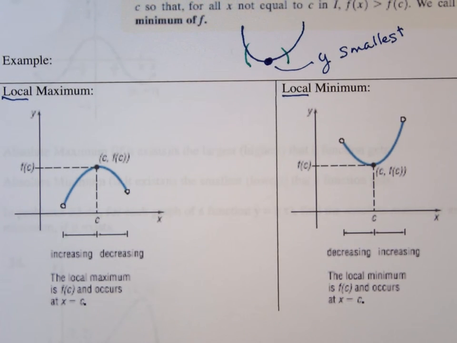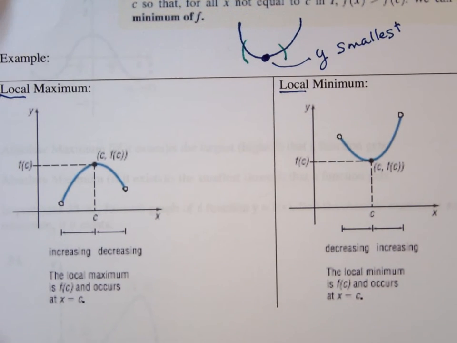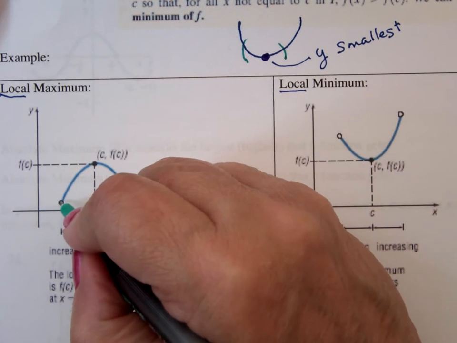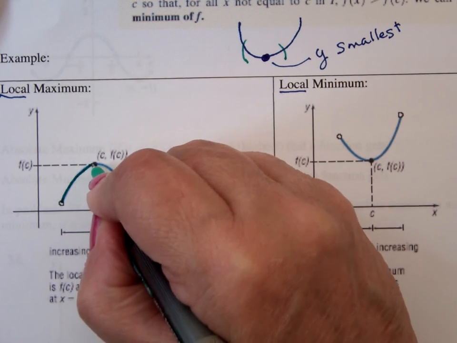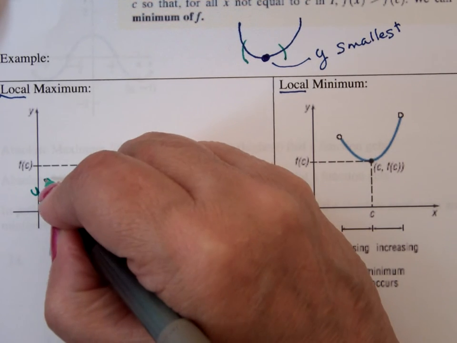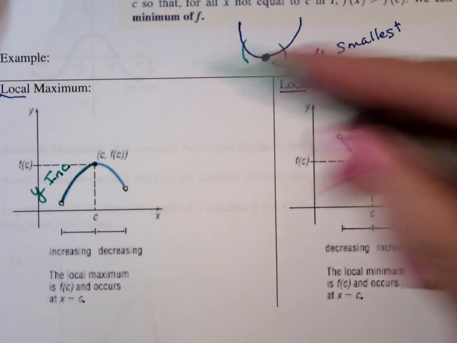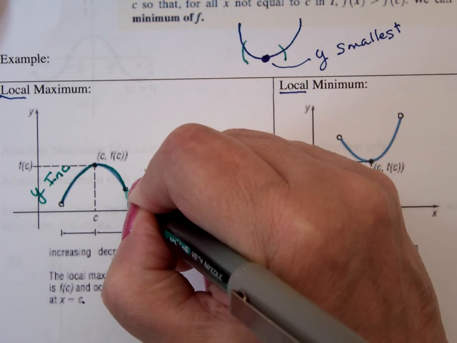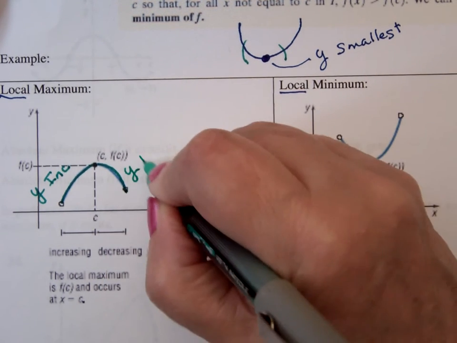If you're dealing with a local maximum, I notice that y is increasing until it hits the maximum, and then what does it do on the other side? Decreasing.